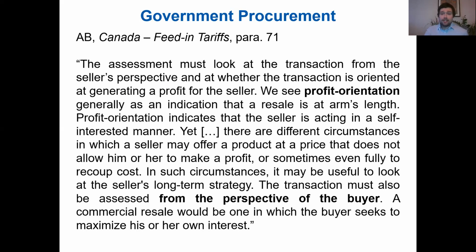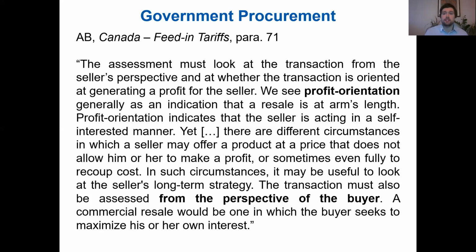That is exactly what the Appellate Body tells us in the decision called Canada Feed-in Tariffs. They say that in order to find out if there is a risk of commercial resale or not, we need to make a careful assessment of the whole transaction from the seller perspective and from the buyer perspective. What do they specifically mean?